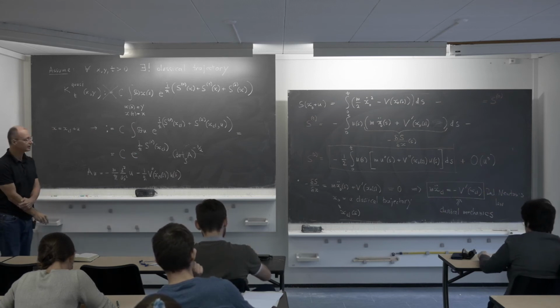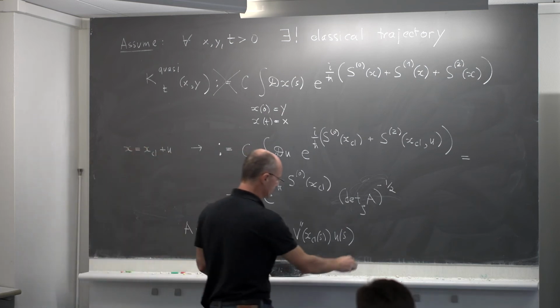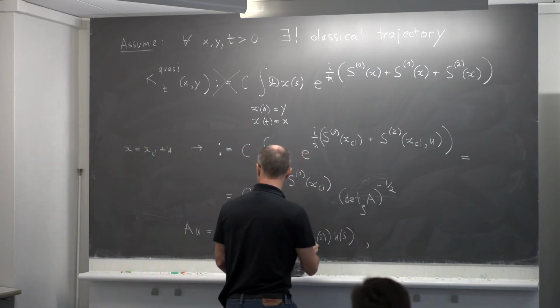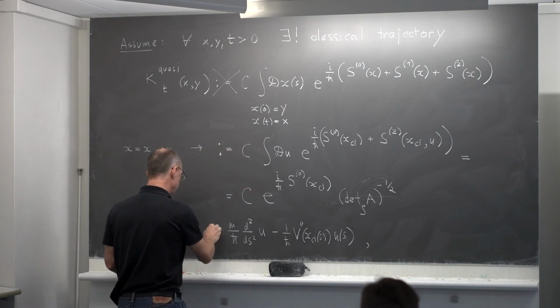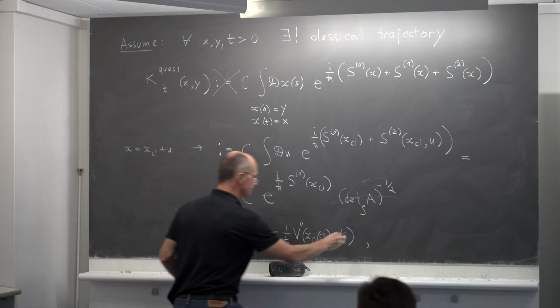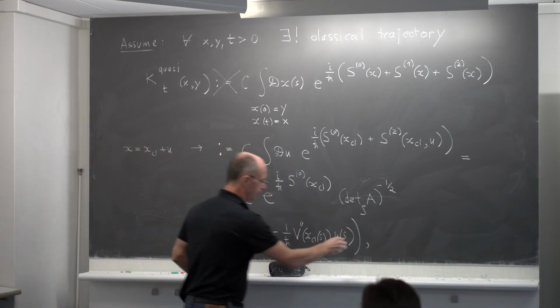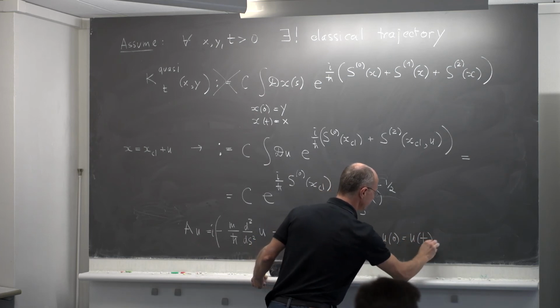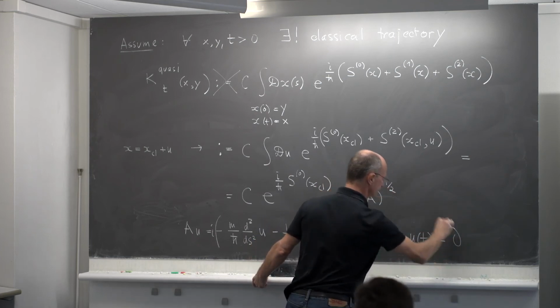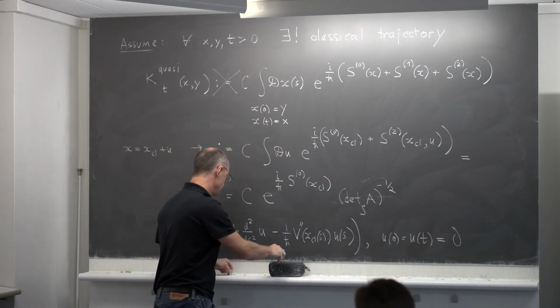So that's the operator. I hope I got the signs correctly. Probably times i somewhere. And u of 0 equal to u of t is equal to 0. So that's the operator that we're getting.